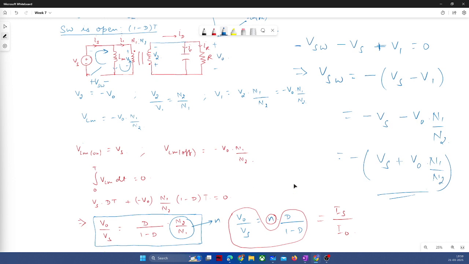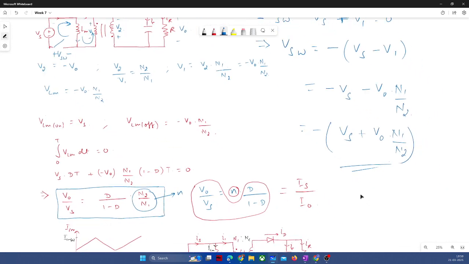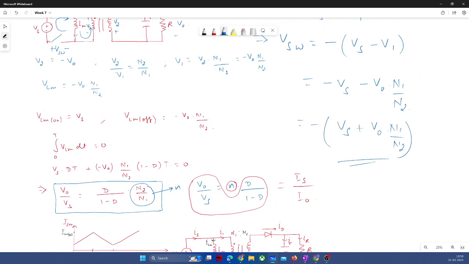39 volt. You are telling me the answer for a certain thing? Yes, for VN it is 24 plus 5 into 3 by 1. If you refer to that problem, you can easily compute. That is 24 plus V0, which was 5, and N1 by N2 was 1 by 3, right? Let me verify it.